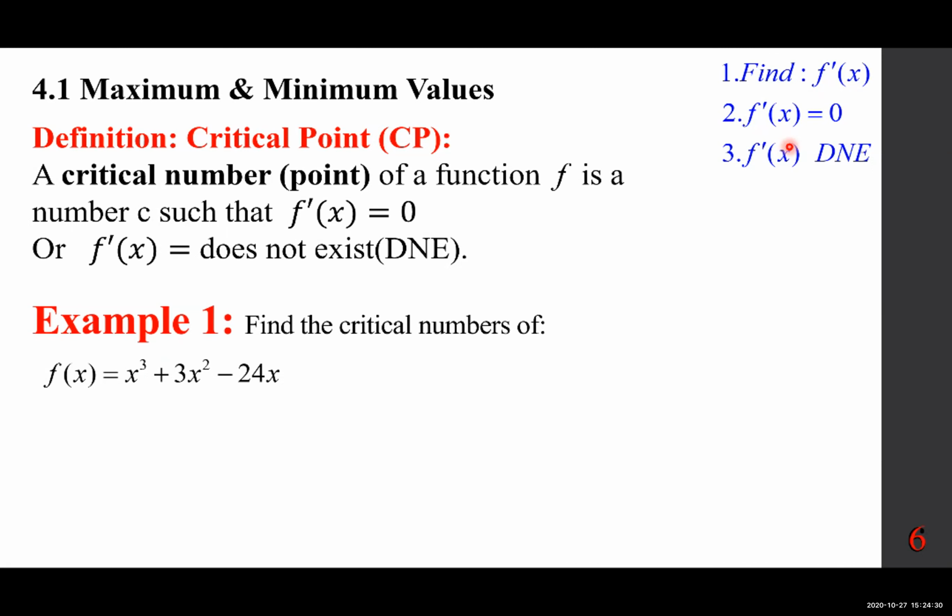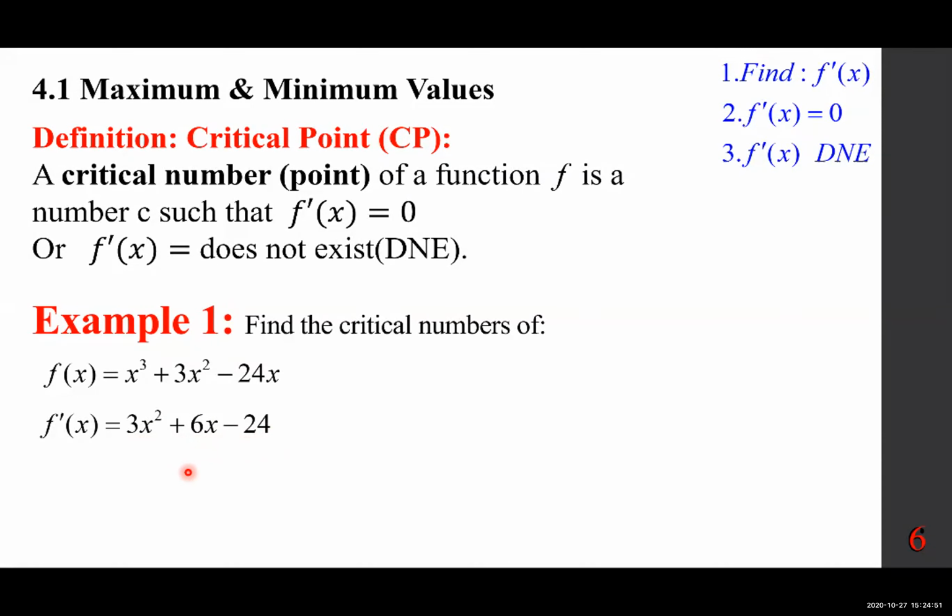The process is very simple. Step one, let us differentiate. Now this is a simple differentiation. Everybody knows how to do that, so let's go through it fast. f prime is 3x squared plus 6x minus 24. To set this equal to 0, we need to factor. I'm sure nobody has any problem with the factoring.